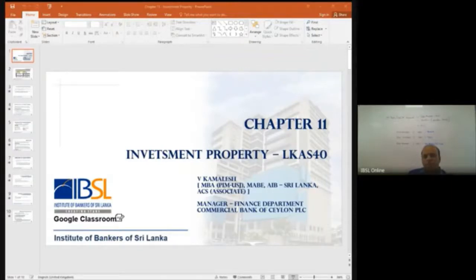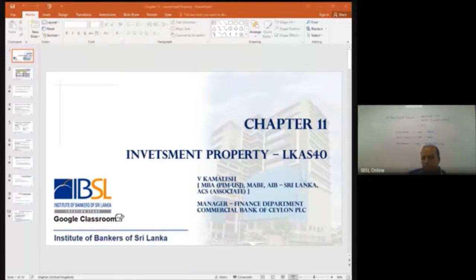Now, you have property which is land or a building or part of the building or both. It could be both, right? Now, if this building is used for the purpose of production or supply of goods or services or for administrative purposes, then you obviously know it is property, it is fixed assets.